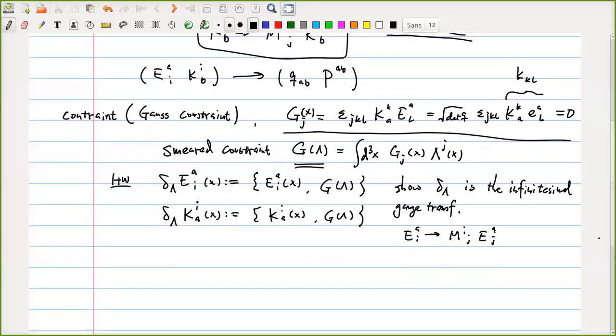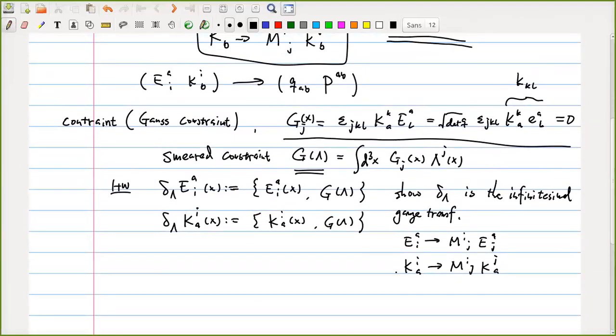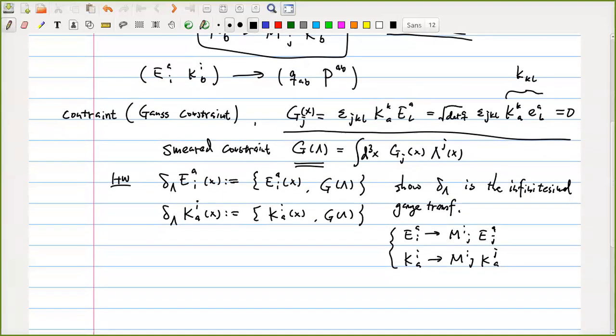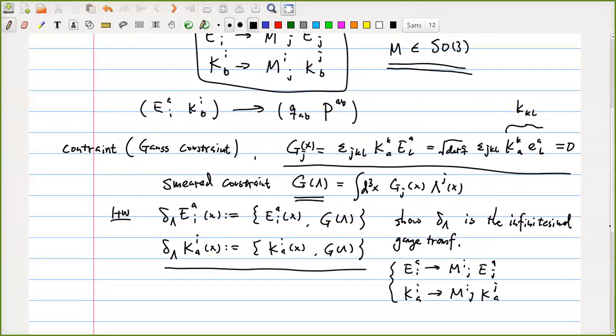These are the finite version of the gauge transformation, but of course you have to work out the infinitesimal version. It should be very easy, and then compare with the gauge transformation generated by the constraint.